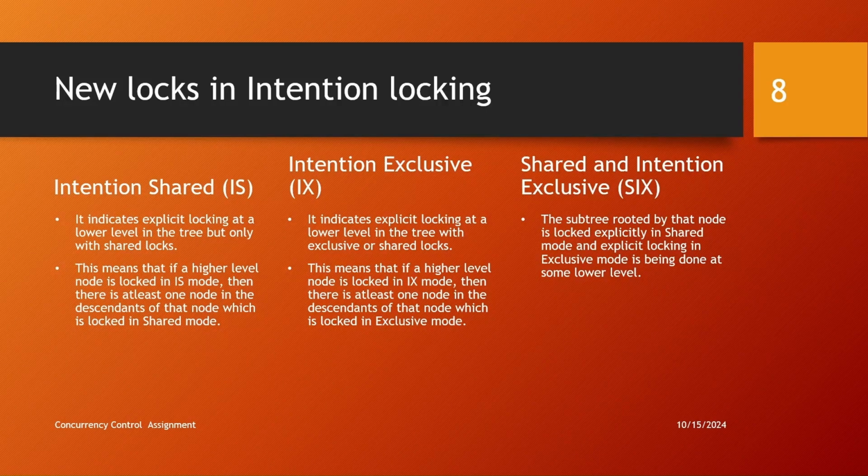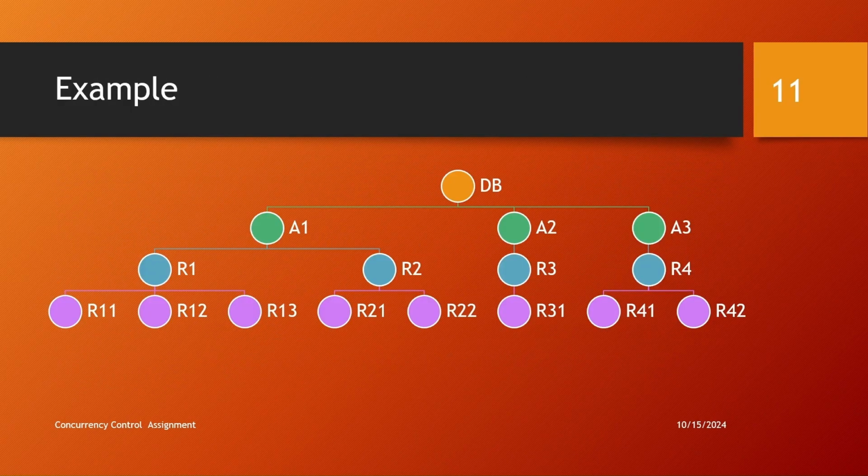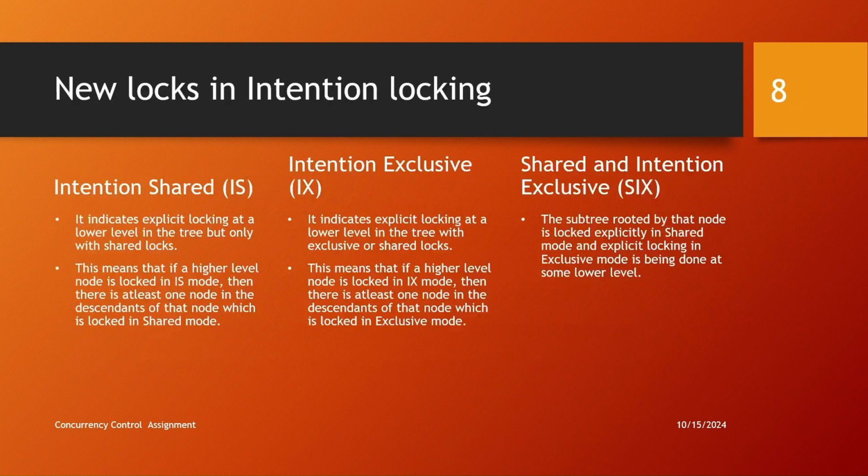That means if I have a tree, let's say this tree, here in the database, if I lock the data item R12 in exclusive mode or shared mode, then it means that R1, A1 and the database would be locked in intention shared lock, which means that there is a locking in shared mode in the lower level in the hierarchy.